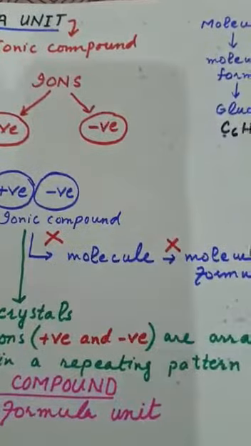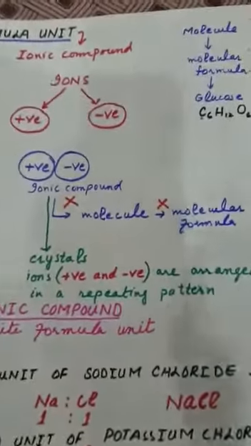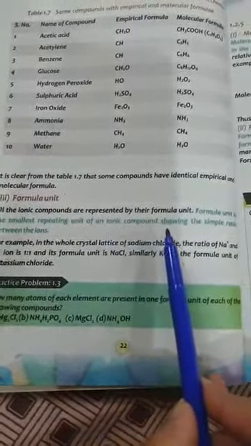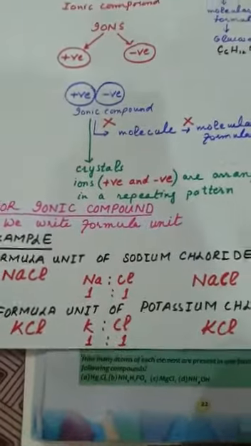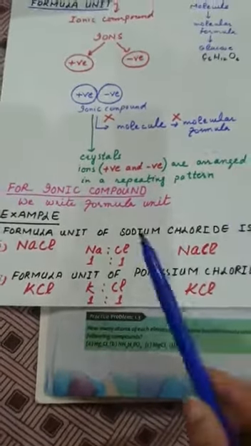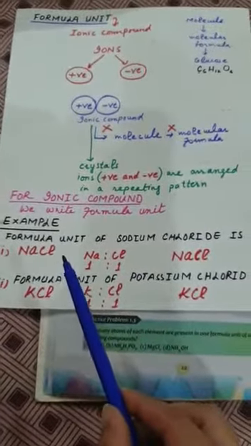Coming to the definition in your book: formula unit is the smallest repeating unit of an ionic compound showing the simplest ratio between the ions. Now, what is the simplest ratio? For that, we take some common examples which you know very well.